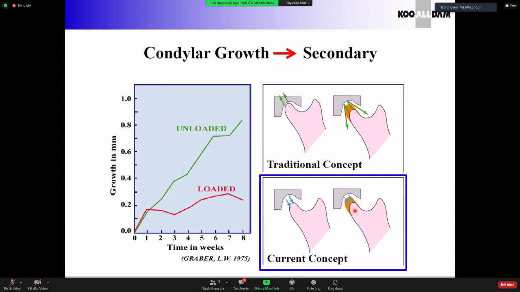Unload means there is some space between the glenoid fossa and condyle, and the condyle may grow. This is called unload. So nowadays the main concept is that condylar growth is a secondary growth site. So this means the condyle is a changeable structure.